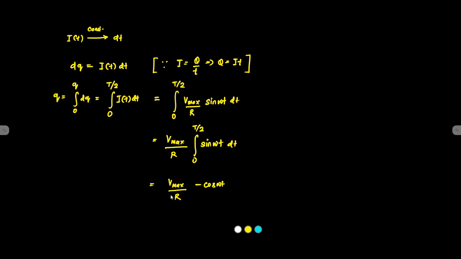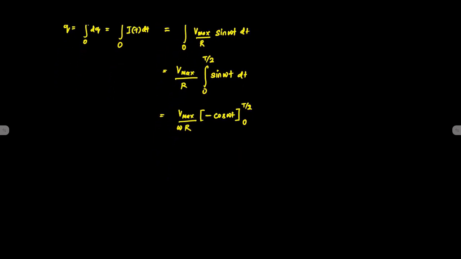So we write omega here: V max by omega R times cos omega t minus cos omega t from T by 2 to 0. Then we take this minus outside. Here we are integrating with respect to t, so omega behaves as a constant.